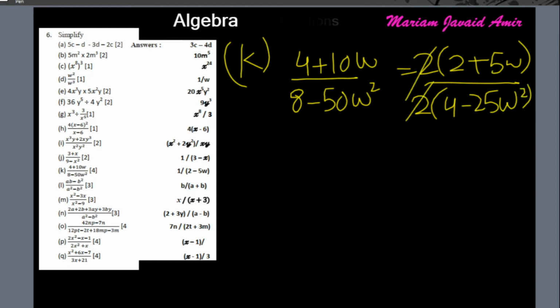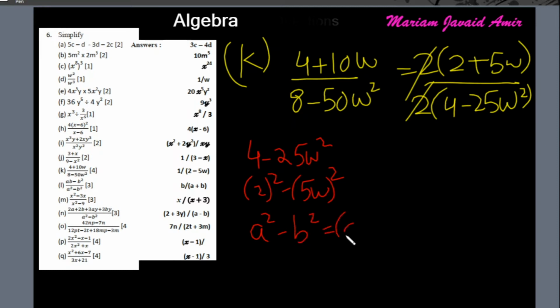In the first step, these two will get cancelled, and notice that 4 minus 25w square is actually 2 square minus 5w whole square, which can use the formula a square minus b square, which is a plus b, a minus b.